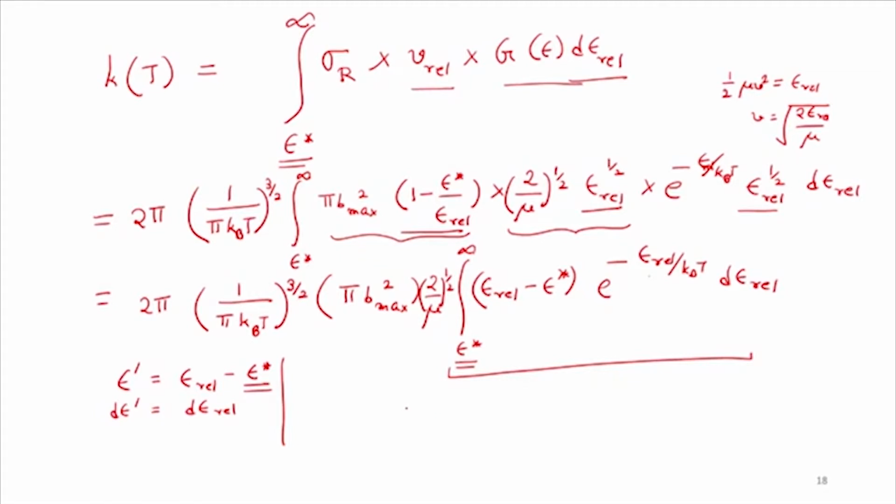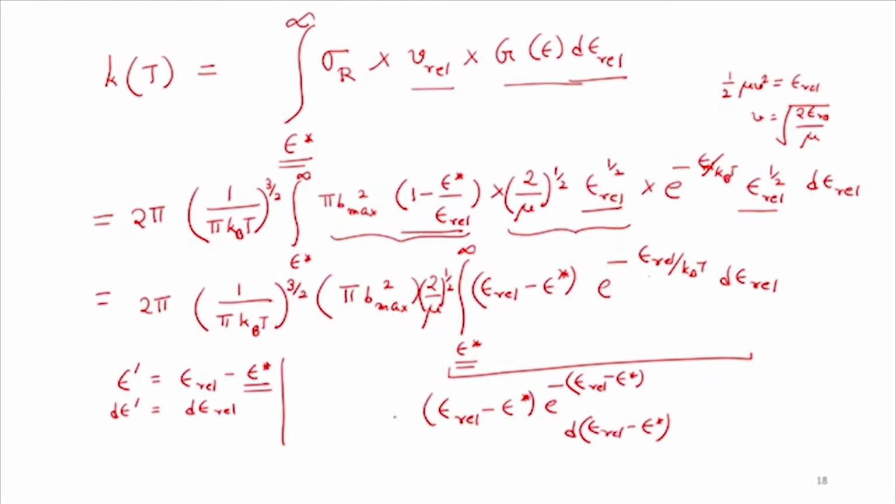I can write it very cleverly as epsilon relative minus epsilon star times e to the power minus (epsilon relative minus epsilon star) into d(epsilon relative minus epsilon star), because d epsilon star is zero, so this is the same as d epsilon relative.